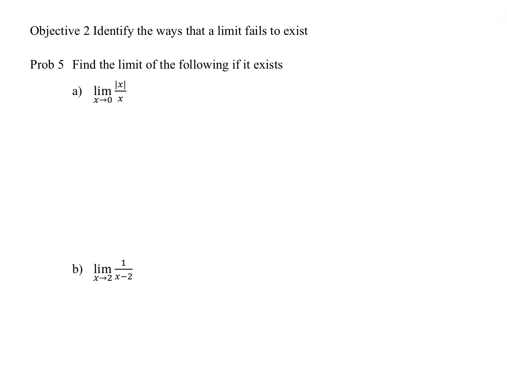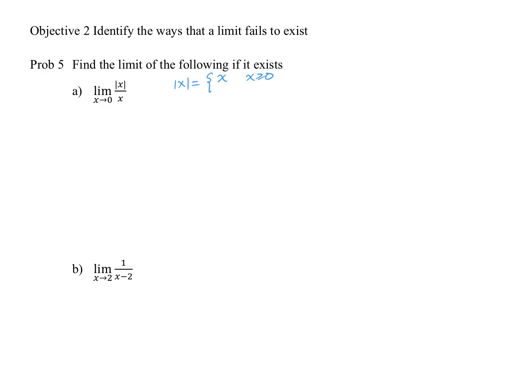The first one, we are going to look at this function, the absolute value of x over x. Let's rewrite this. First of all, after you drop the absolute value sign, the absolute value of x is equal to x when x is greater than or equal to 0.